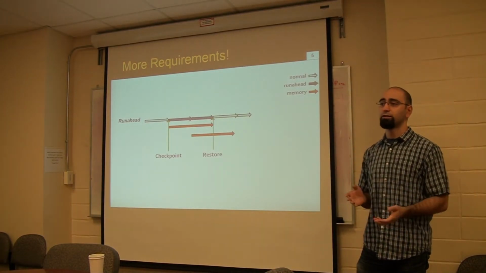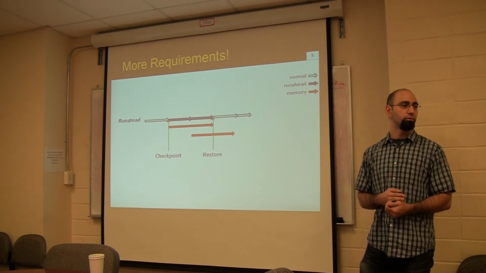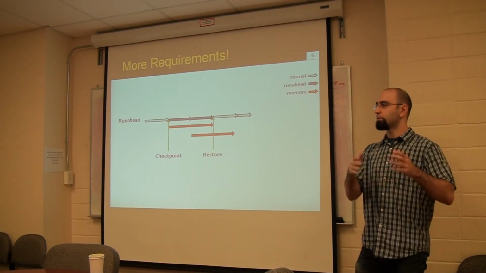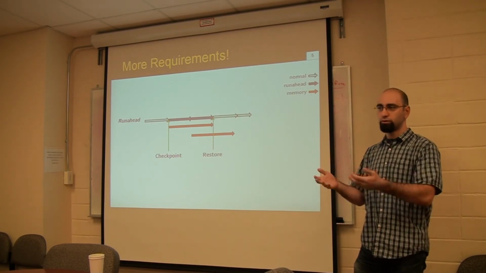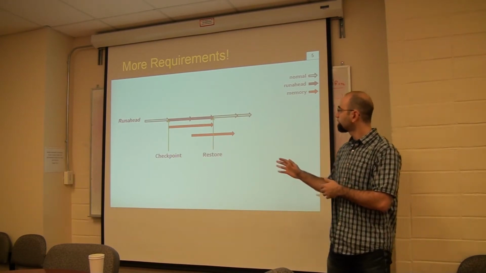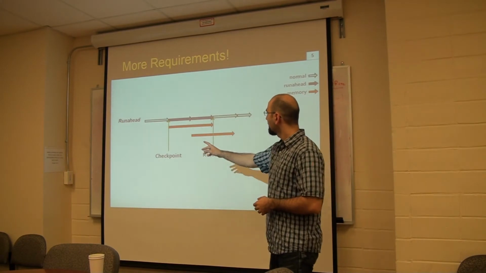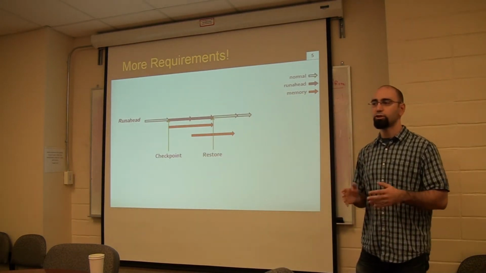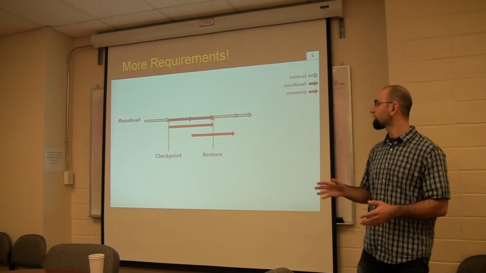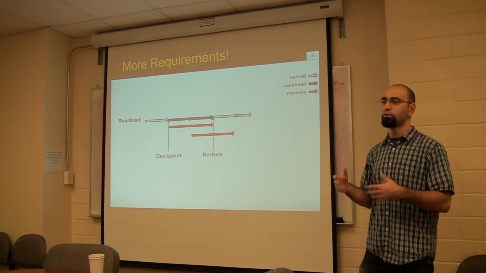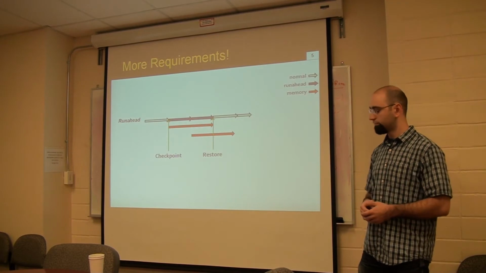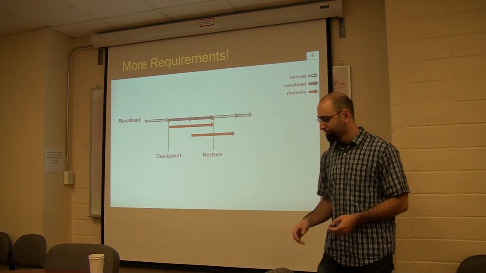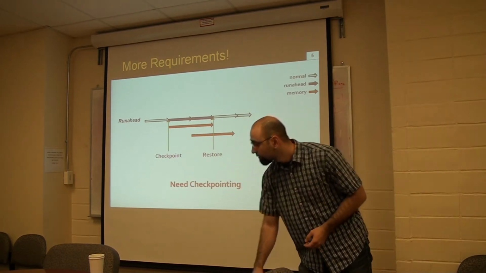So we need a checkpointing mechanism here. For example, we need to be able to checkpoint our register file, and when we're done with run-ahead mode, restore it. So at this point, it's as if nothing had happened in run-ahead mode. All we wanted to be visible was the state of the cache changed, so that the second line that's going to be requested in the future is in the cache. So we need checkpointing there too.